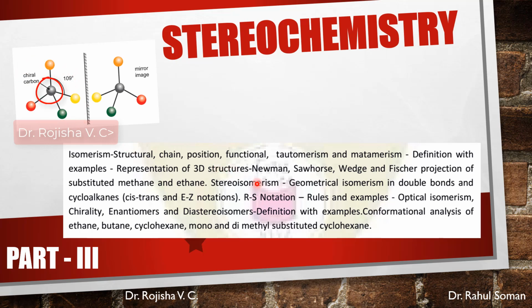To understand the isomers, all these projection formulas should be very thorough, so you should rewind and recall all those things. In this lecture, we will also be studying some new terms: chirality, enantiomers, and diastereomers, and we'll look into examples of each class. So shall we go to optical isomerism.